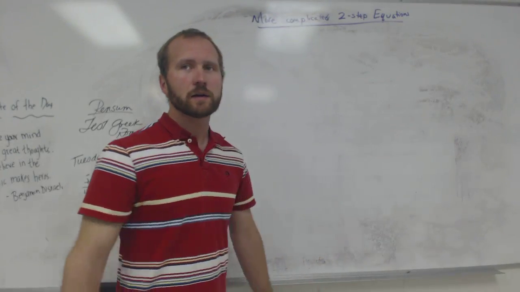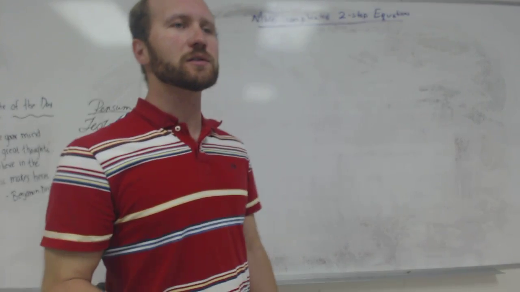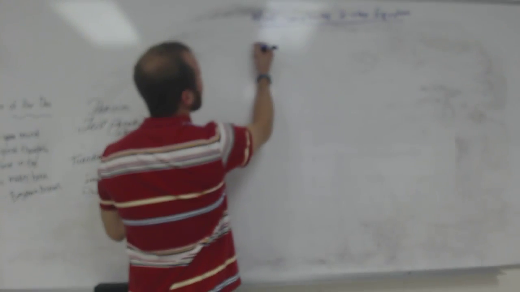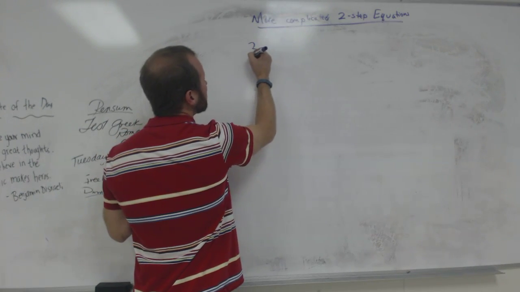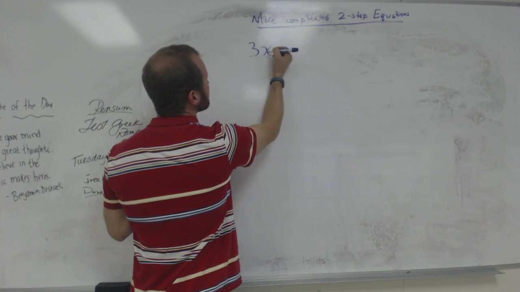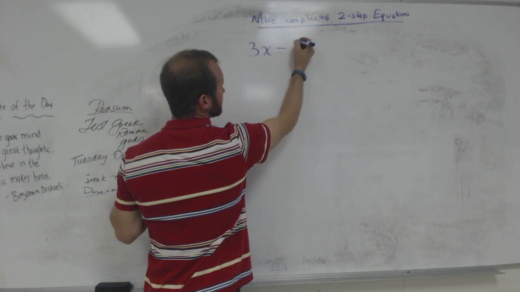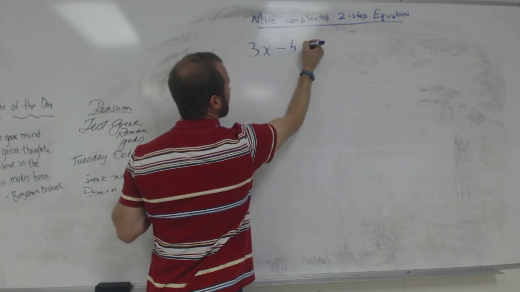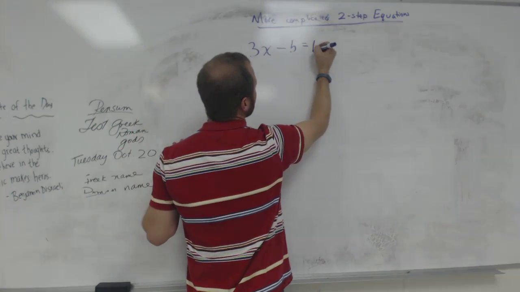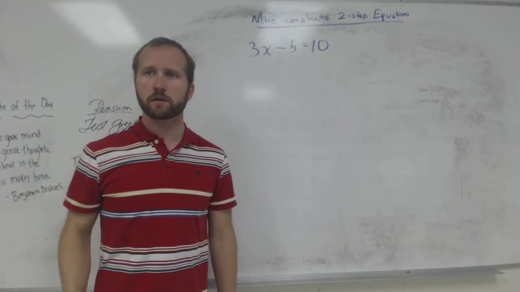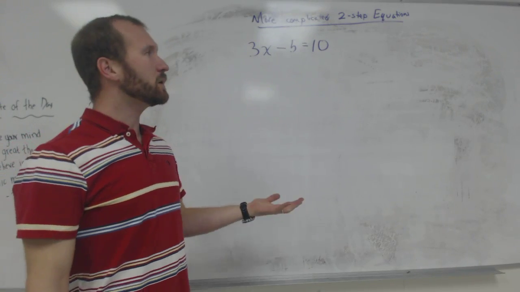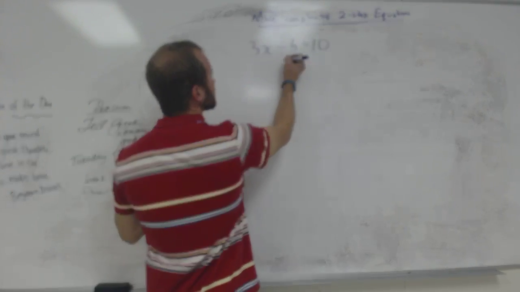Complicated two-step equations. So far, most of the two-step equations we've looked at look something like this: a number times x plus or minus another number equals some other number. And we solve these first by adding or subtracting.